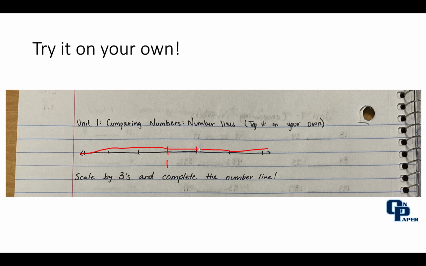And then just make sure you have 3 lines on both sides. 1, 2, 3. 1, 2, and 3. And then you'll scale by threes to complete the number line. Pause this video now and work through this first try it on your own problem.